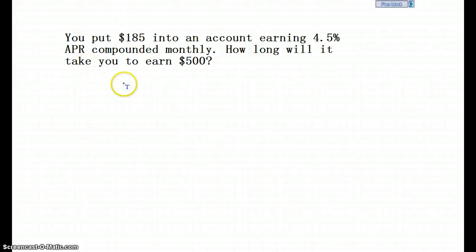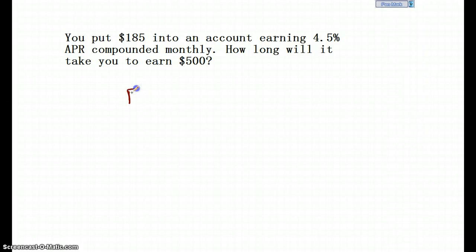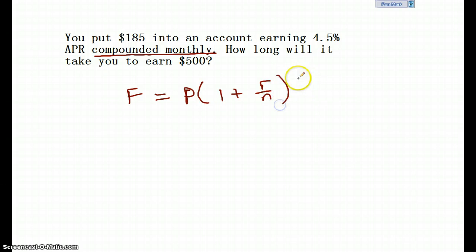Okay, well I'm not going to have to intuitively develop this all the time. I know that compounding is occurring monthly, which is not continuous, so I am going to use my compound interest formula, which we've generically written like this. Well, I know that my present value is $185.